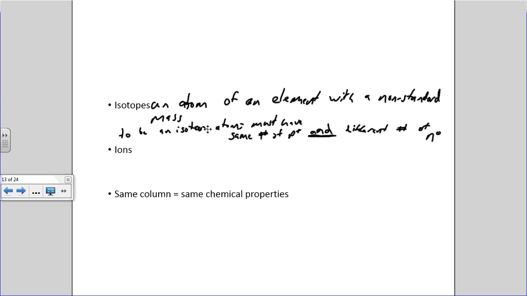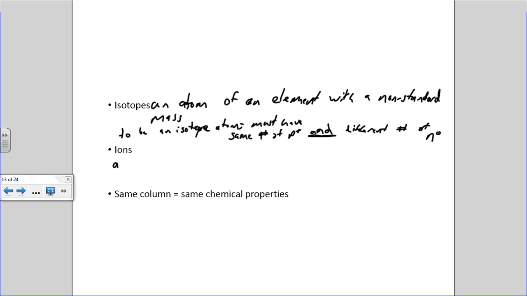Because remember, in order to be an isotope, that means they have to be the same element. So same element is going to be same number of protons. And a different mass. So the only way to change mass, if protons are the same, is by changing neutrons. So same protons and different neutrons, then you're looking at an isotope.